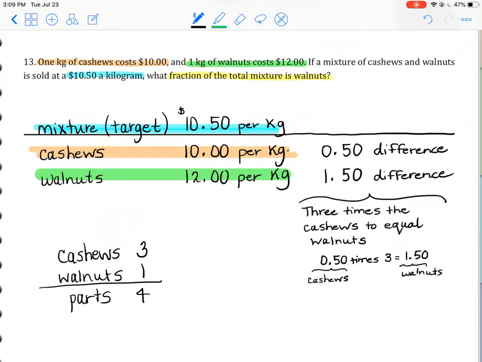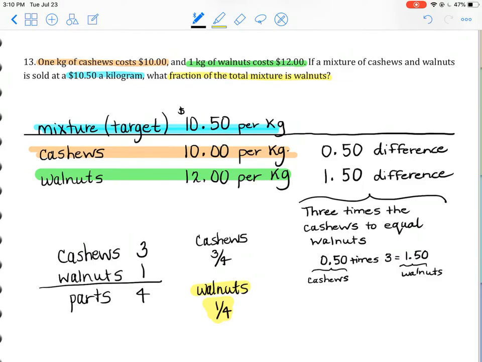So the fraction, remember we want a fraction of walnuts, is 1 out of 4, and the cashews are 3 out of 4. So most of that mixture is cashews, but 1/4 of it is walnuts. And that is the question I was asked. What fraction of the total is walnuts?